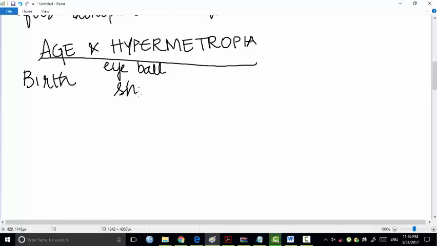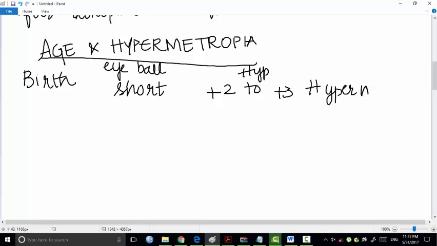At birth, the eyeball is short, and it has +2 to +3 hypermetropia.